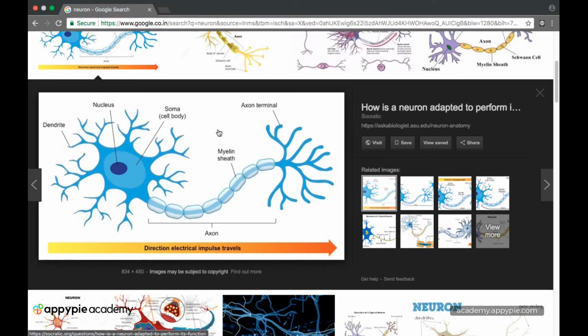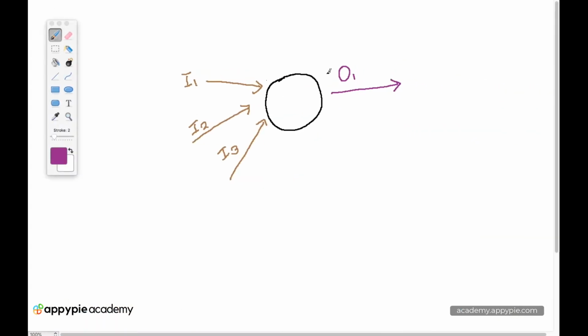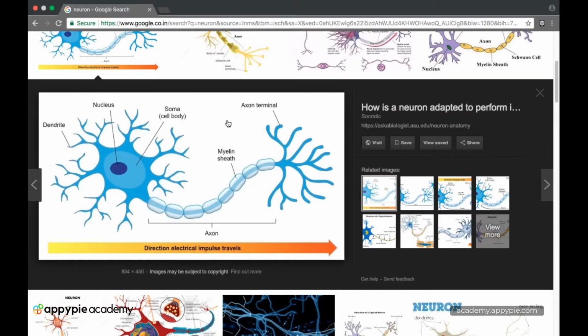And if you can see over here, this structure is kind of analogous to this one. This neuron also has a lot of dendrites in order to connect to other neurons. This is the place where it will take the multiple inputs, and it has this central nucleus part which actually processes all the data.